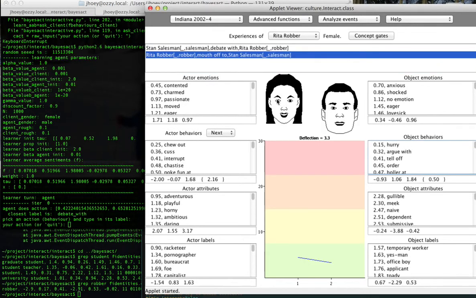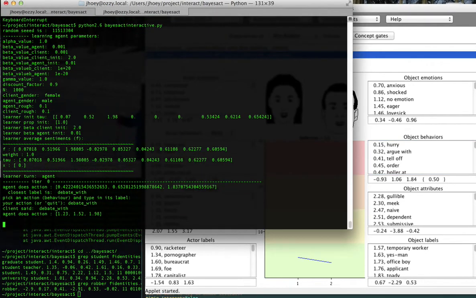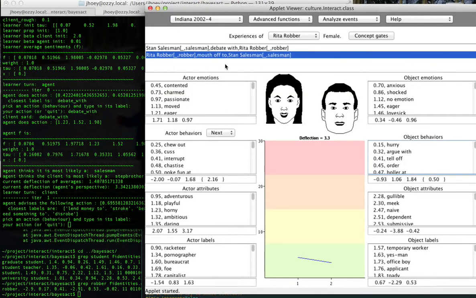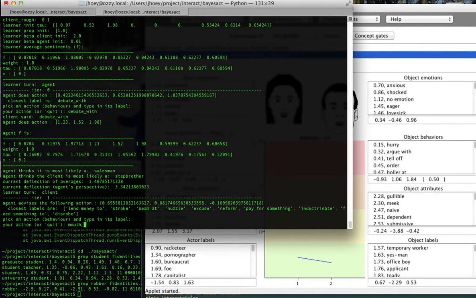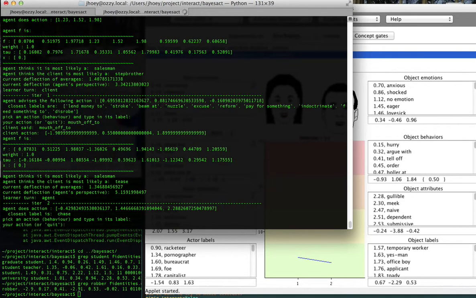He doesn't look so happy about that. She looks happy with it. Okay, so here we go in bayesact. So he will debate with, and she will take the action as a result to, what did we say? Mouth off to. So she mouths off to Stan the salesman.